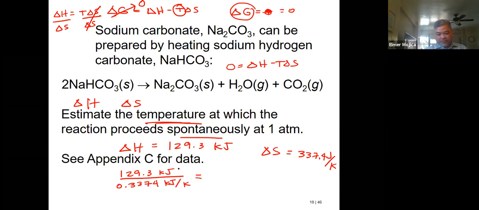And if you look at the unit, the resulting unit there is K. So what temperature do you expect this to proceed spontaneously?